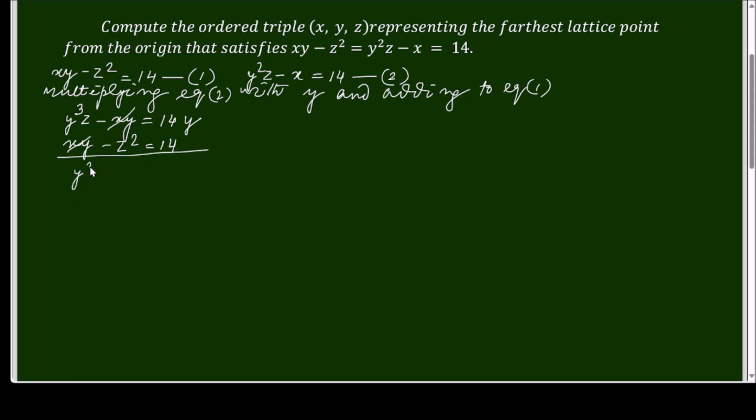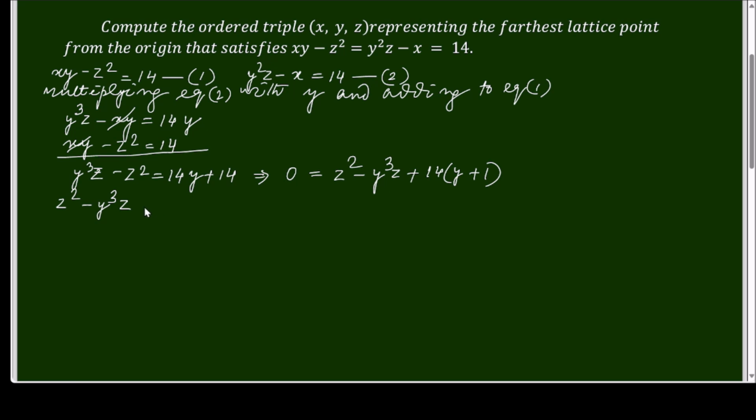So I get y^3 z - z^2 = 14y + 14. Shifting everything to the right side, I get 0 = z^2 - y^3 z + 14(y + 1). So now we are getting a quadratic equation in z.